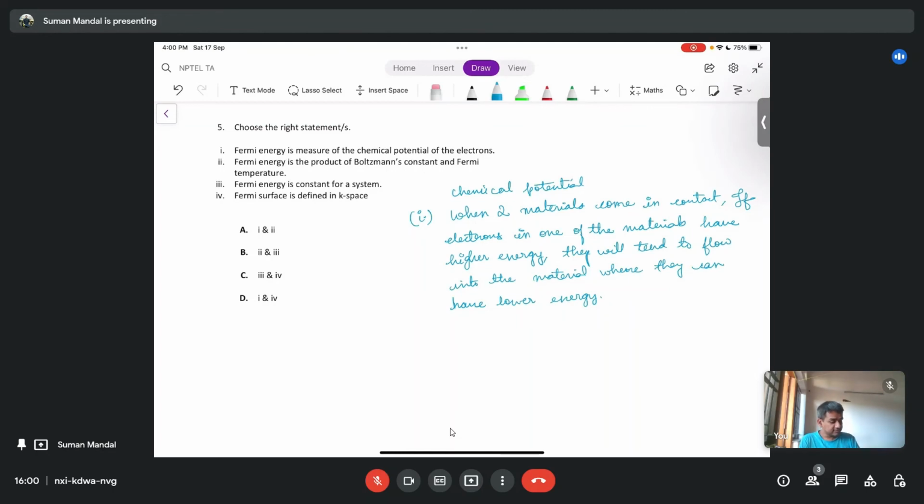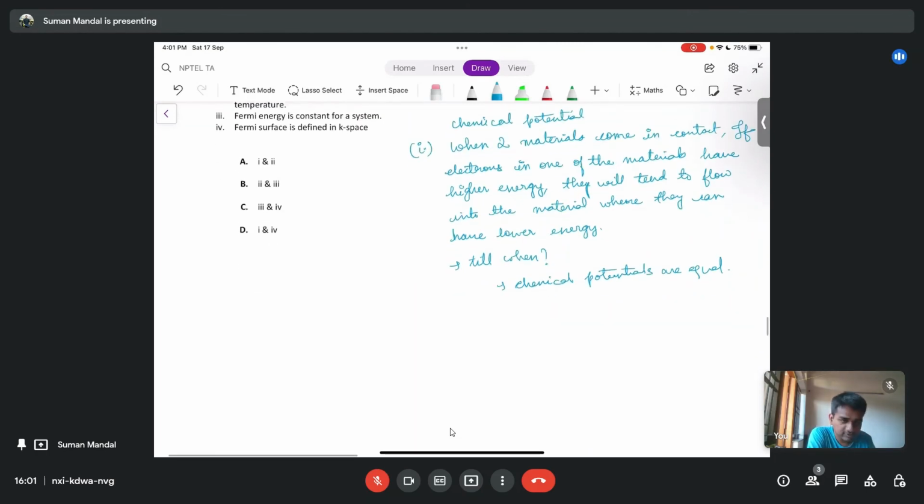Until when will this happen? That will happen till the chemical potentials are equal. I should have probably not removed that diagram.